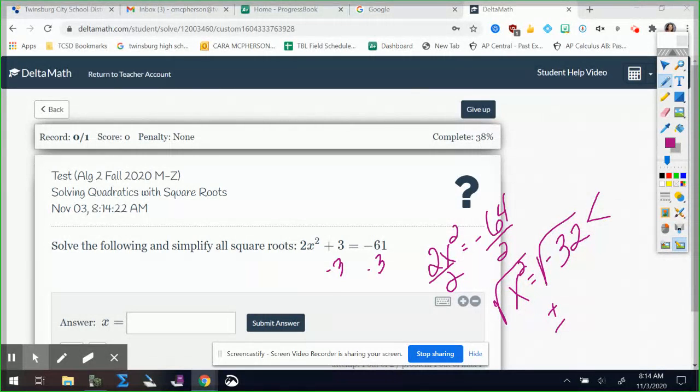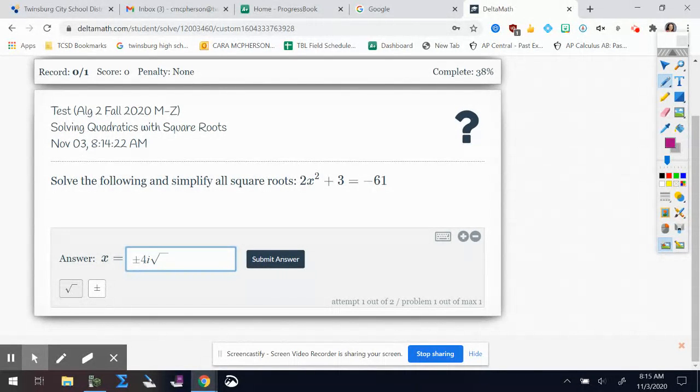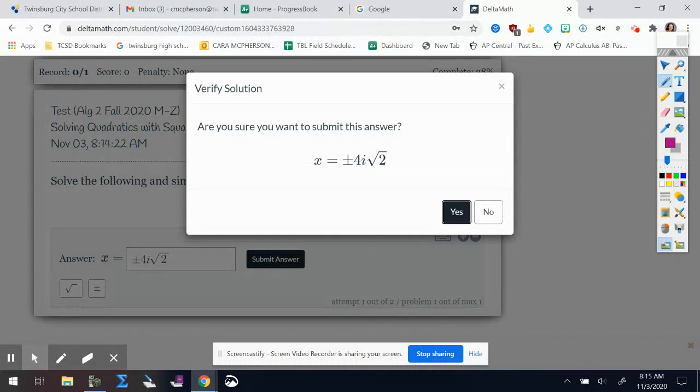I also need to see if I can break down 32. It's not a perfect square, but 16 is, and that's a factor of 32. So I'm going to have the square root of 16, which is 4. I'm going to include an i because of the negative under the radical, and I'm still going to have a square root of 2. So I'm going to type all of that in, plus or minus 4i, and then the root 2. So plus or minus 4i, and you're just going to hit the i on your keyboard, root 2. Submit your answer.